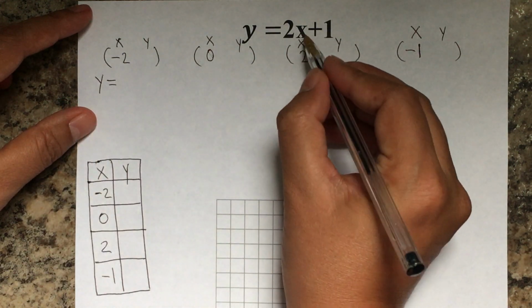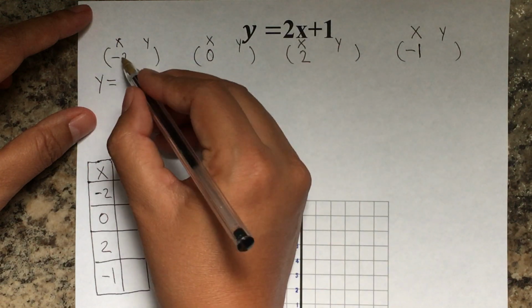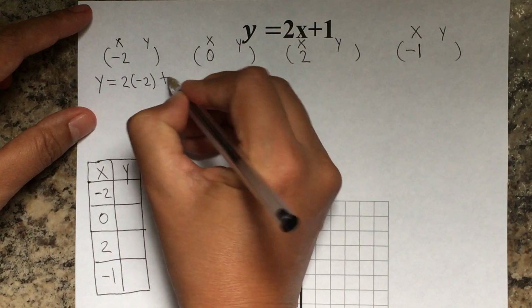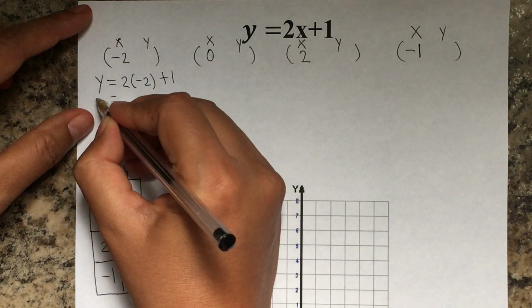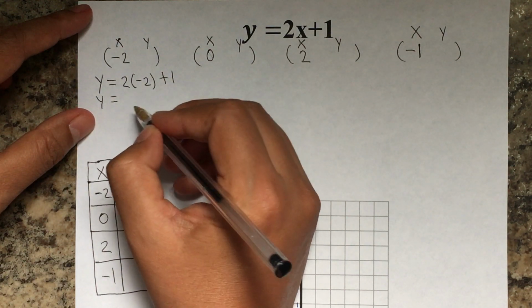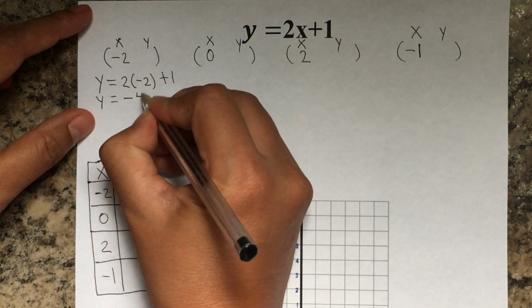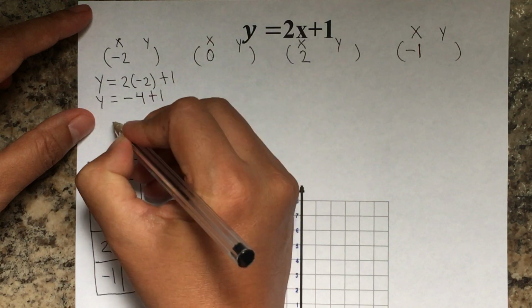y equals 2 times x, but we know that x is -2, so 2 times -2 plus 1. So we now simplify. 2 times -2 is -4 plus 1.